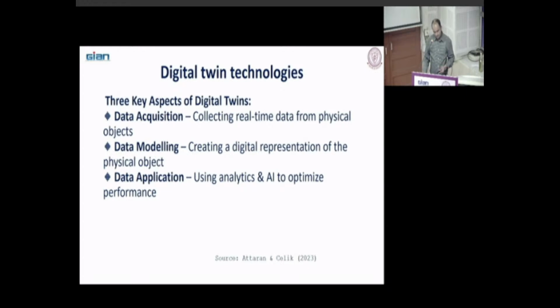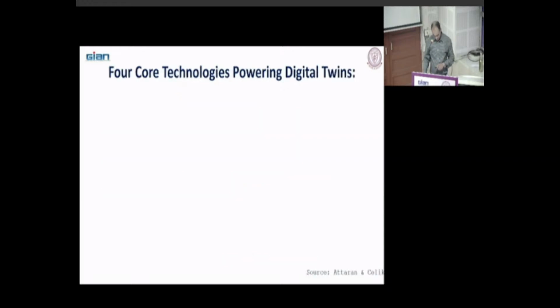Data modeling means creating a digital representation of that physical object. Then the third important aspect is data application, using analytics and AI to optimize performance. Once we get the data, you model it, and after modeling, you use AI optimization to enhance your operations to satisfy that forecasted demand.